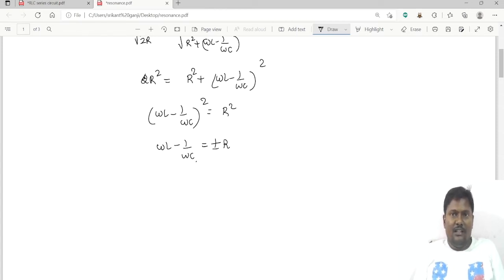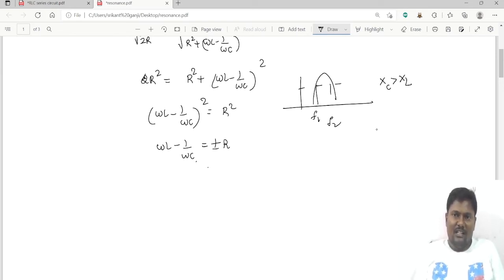At lower cutoff frequency, XC is greater than XL. That means this term is negative. So omega 1 L minus 1 by omega 1 C is equal to minus R.